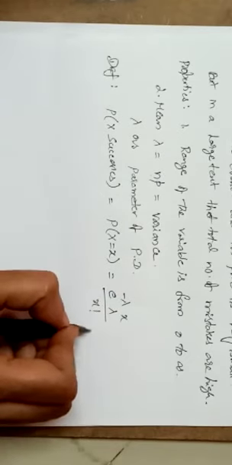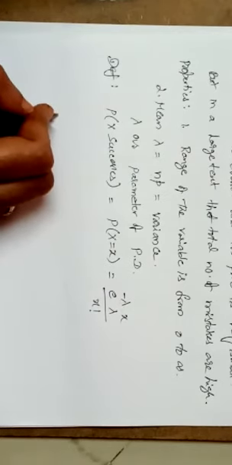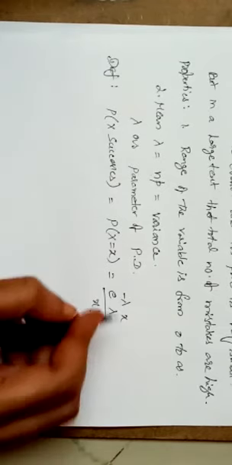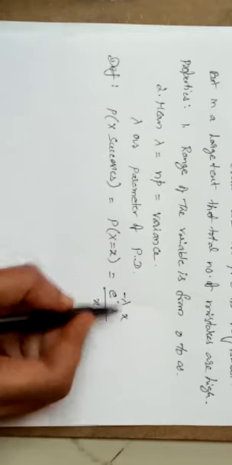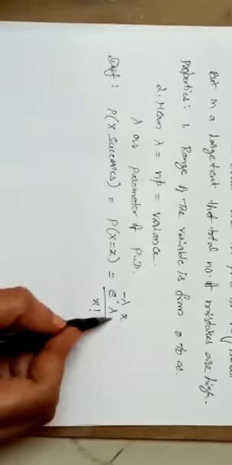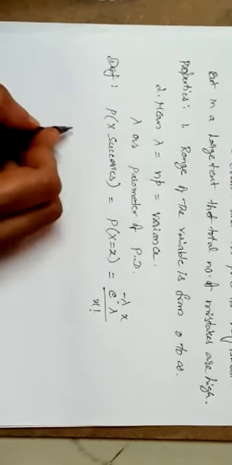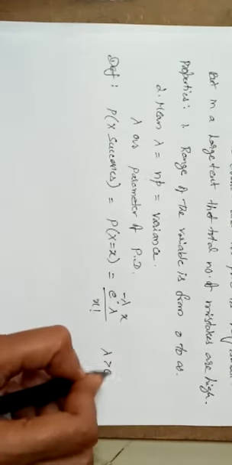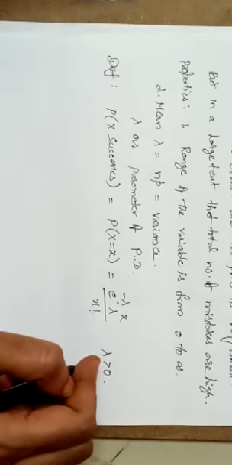This is the formula for getting the probability of rare events. In this case, lambda, as you already know, is the parameter of Poisson distribution, and its formula is np, and x is the number of required successes, and lambda must always be positive. There should not be negative values for lambda.